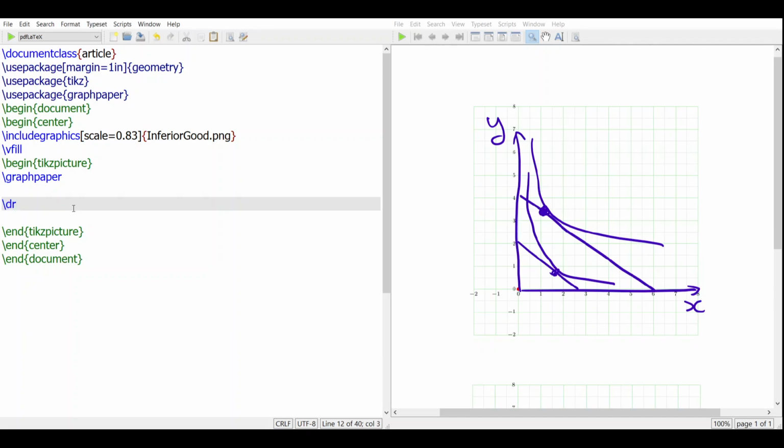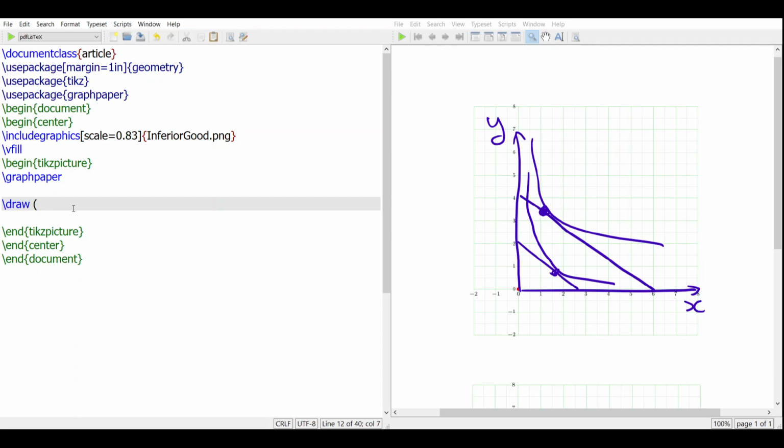The drawing would not be very difficult. We just first draw the axis. Okay, we try to be quick here since this is rather elementary.